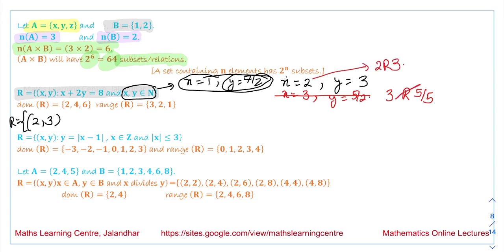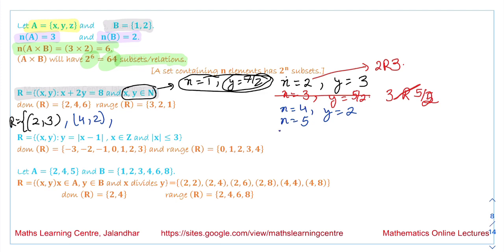But if the elements are not related, we write that 3 is not related to 5 by 2. Next, if we put x equal to 4, we will get y equal to 2. It means 4 and 2 are related. Similarly, if we put x equal to 5, it is not related to any number.